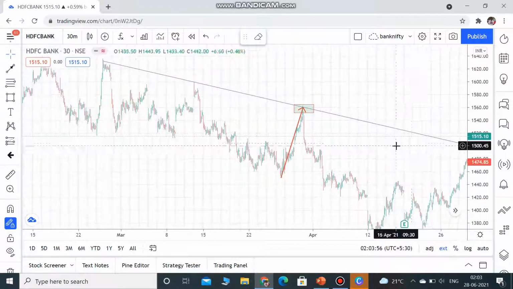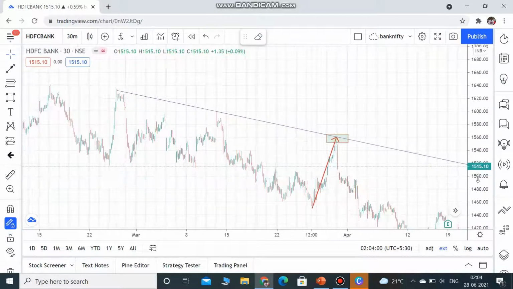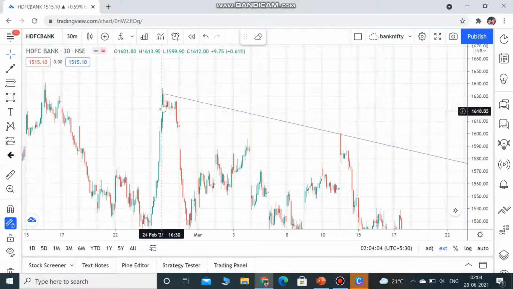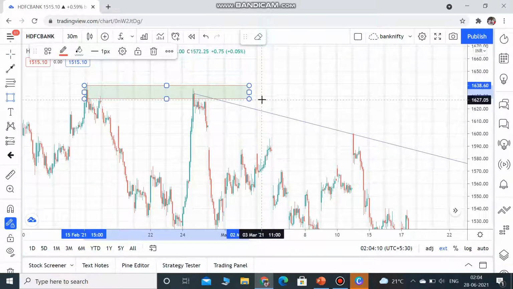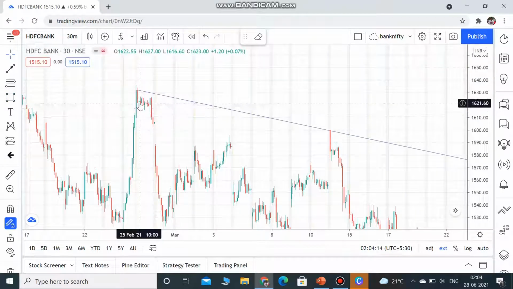What does that mean? Let's consider these points. This is called consolidation at my particular resistance. See, this can be my resistance, right? So on my trend line, I will be waiting for the consolidation or long wick rejection.